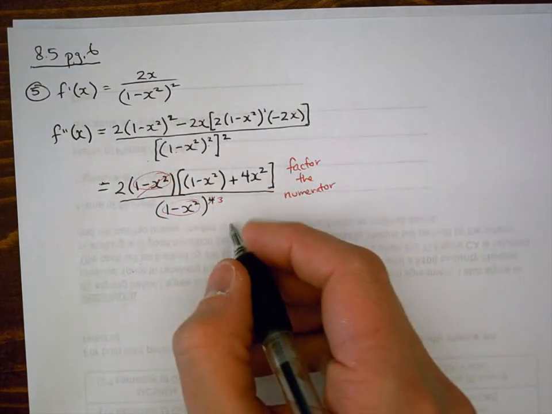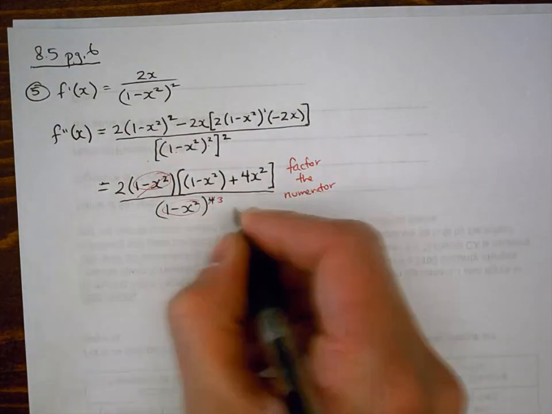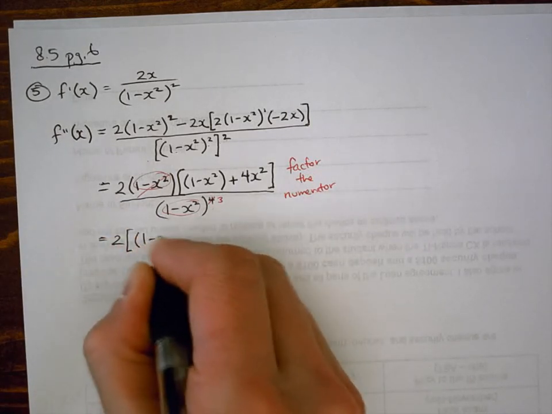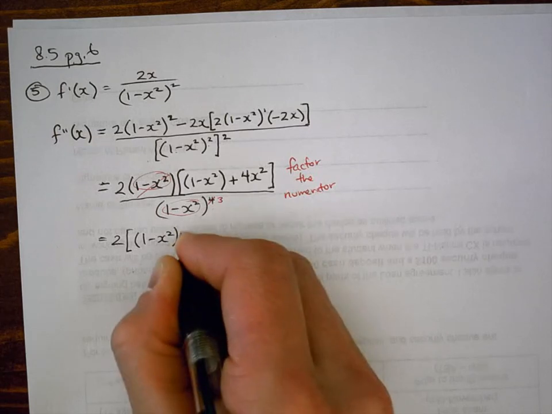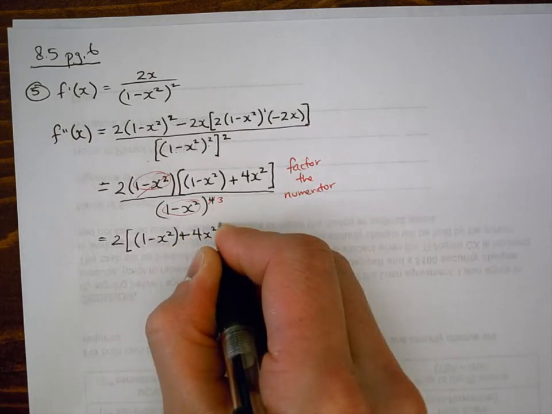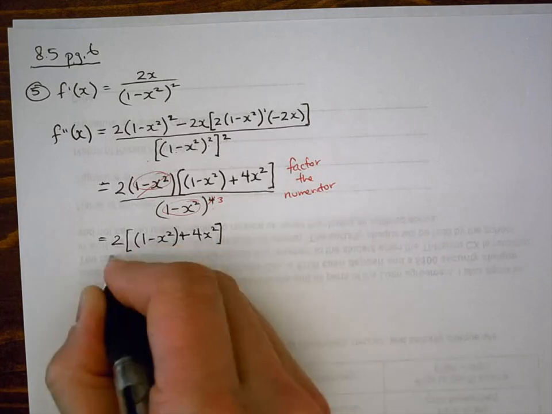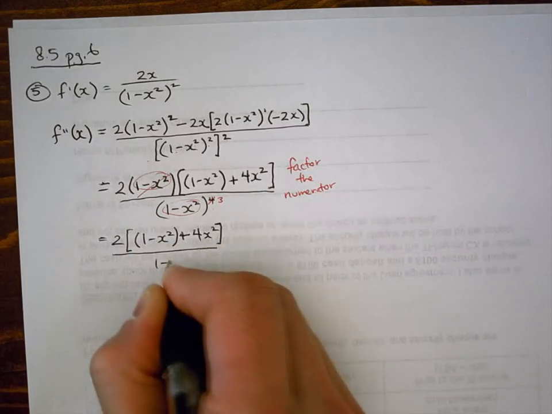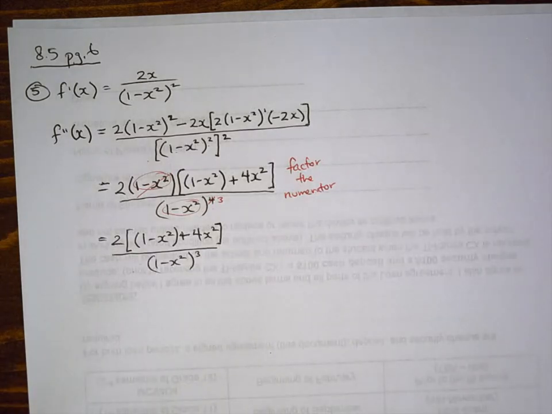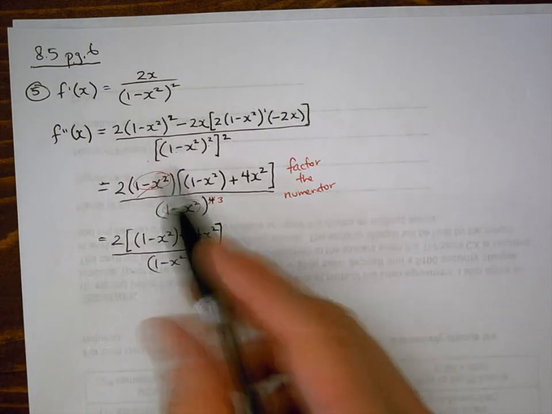So I end up with 2, and I have that big square bracket, 1 minus x squared plus 4x squared, over 1 minus x squared to the power of 3. That's kind of the big thing that you have to do. You have to get rid of the common factor.